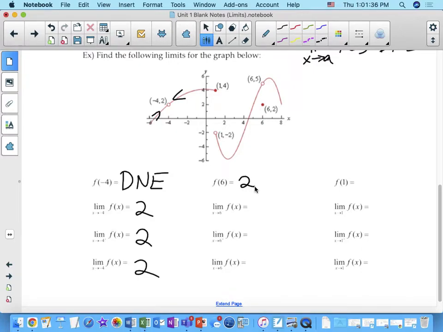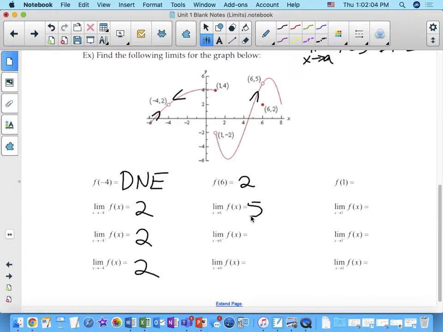Okay, what's the limit as x approaches 6 from the left? Yeah, 5. As x gets close to 6, the function gets close to 5 as you're coming from the left.